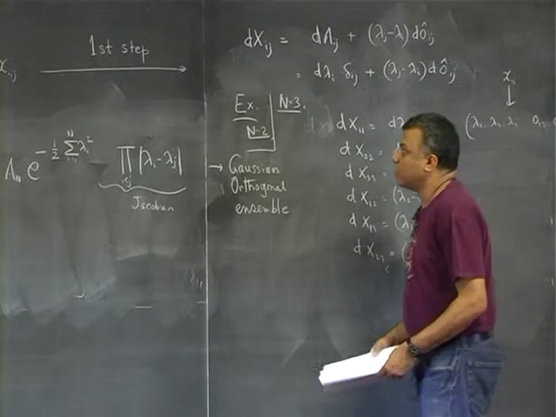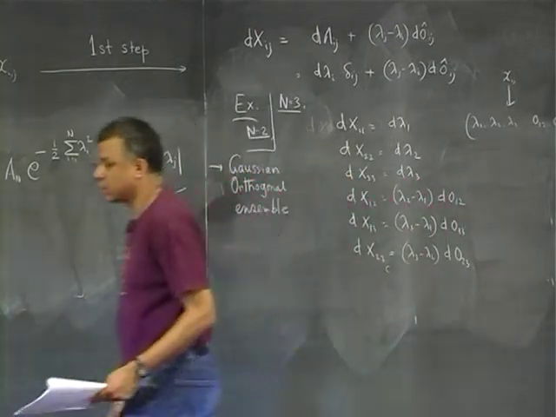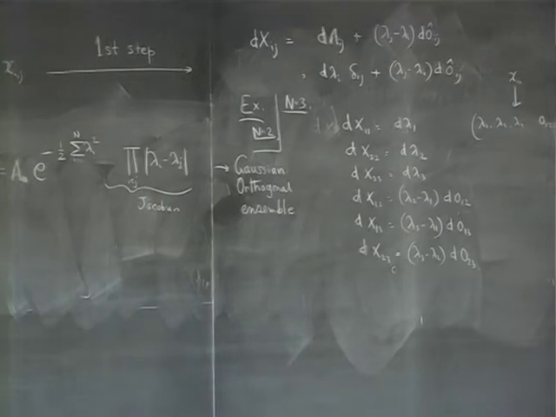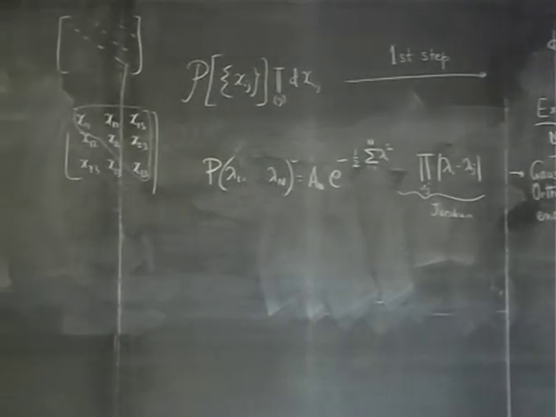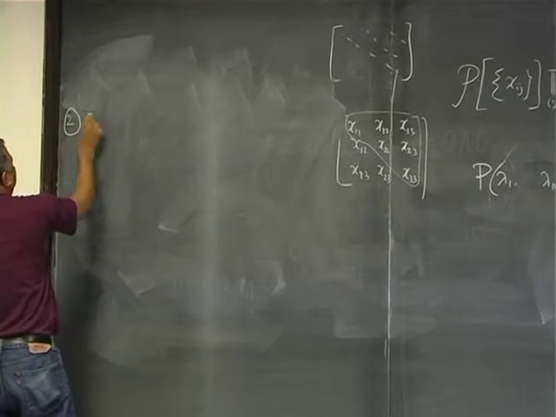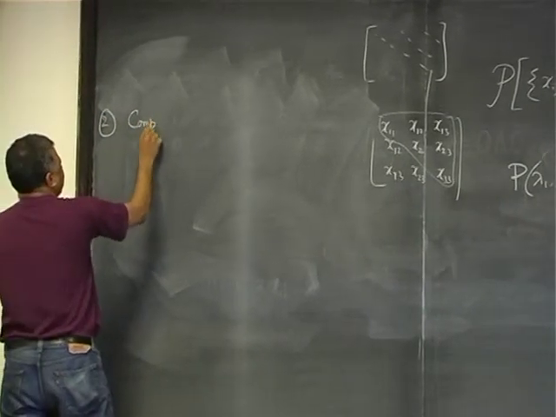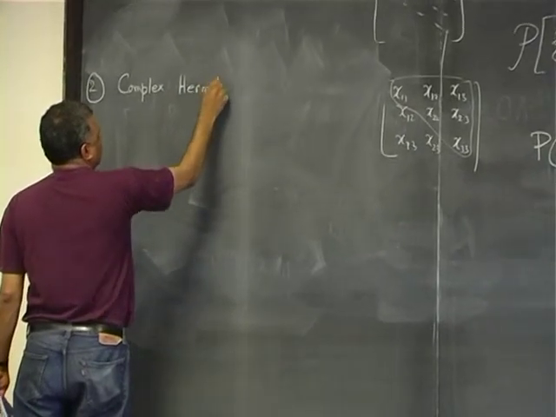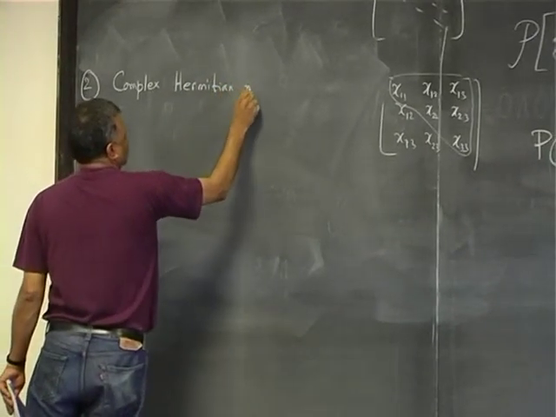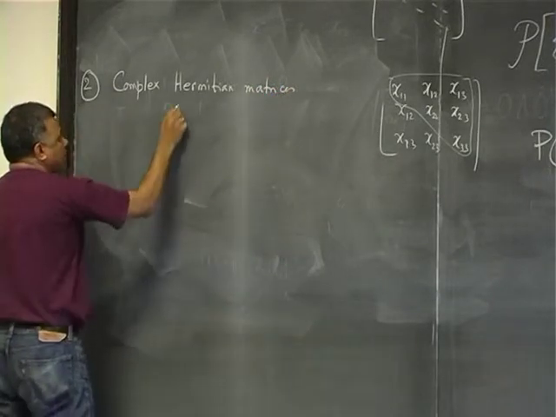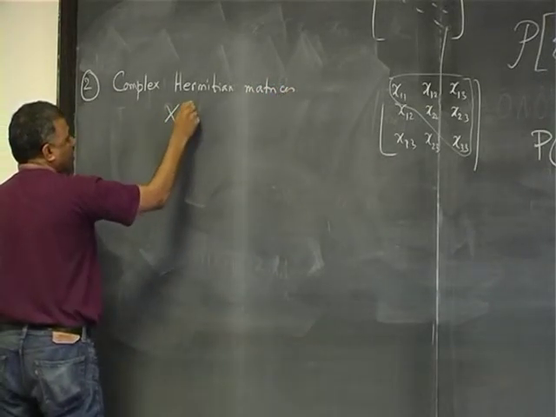Okay. Now you can repeat the same exercise for complex Hermitian matrices. So that means I have an X matrix, which is a complex Hermitian matrix.